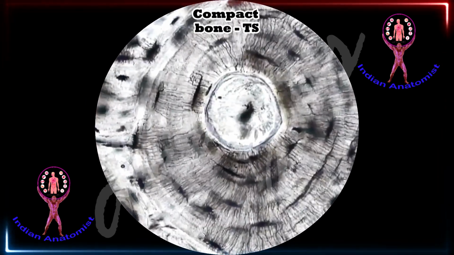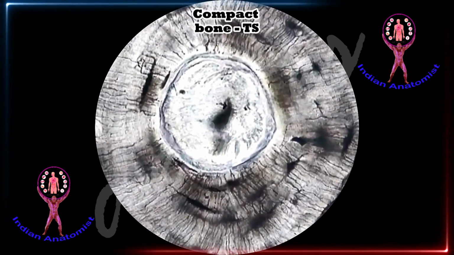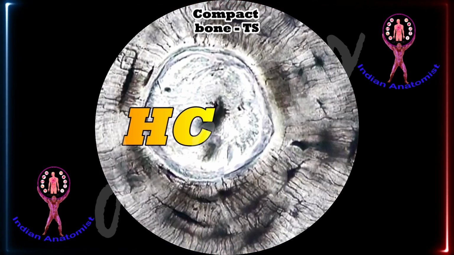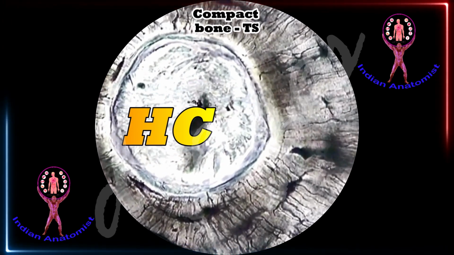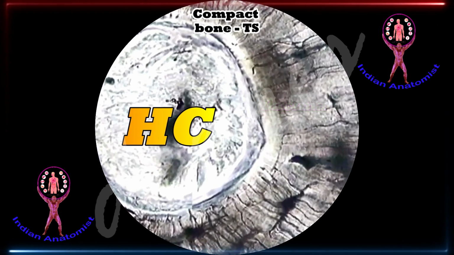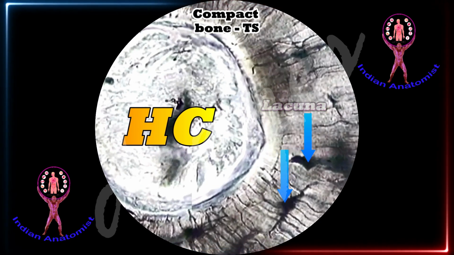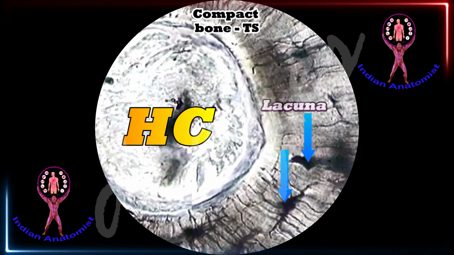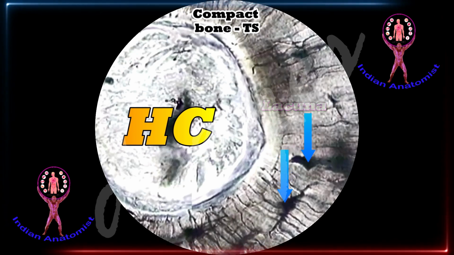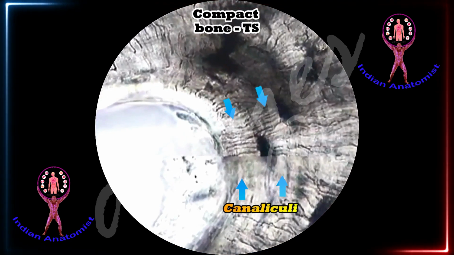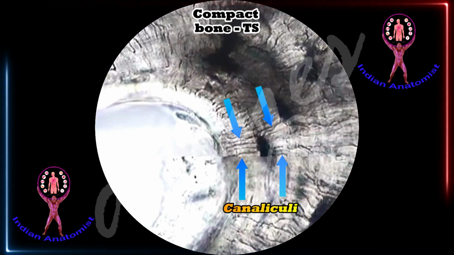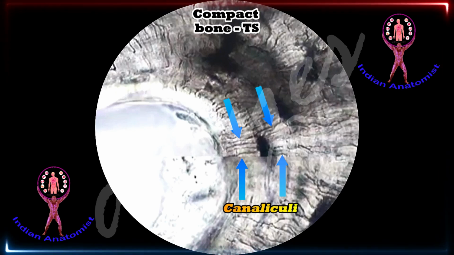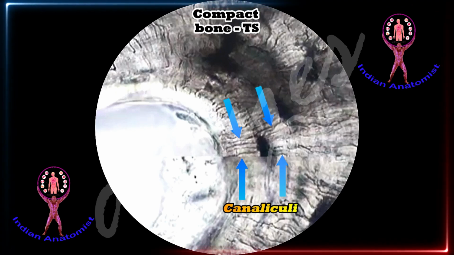At a higher magnification, each Haversian canal is surrounded by many empty spaces called lacunae, which are home to single osteocytes. The osteocytes are washed away because the bone tissue is ground, leaving gaps or lacunae. Each bone lacuna is connected to neighboring lacunae or to the Haversian canal through small canals called bone canaliculi.